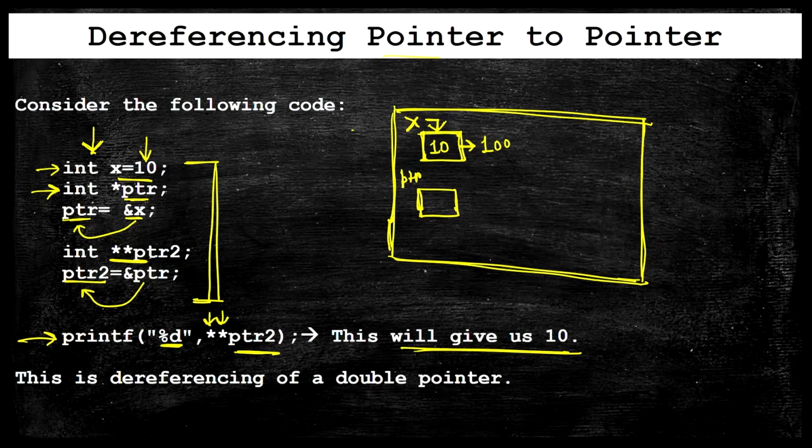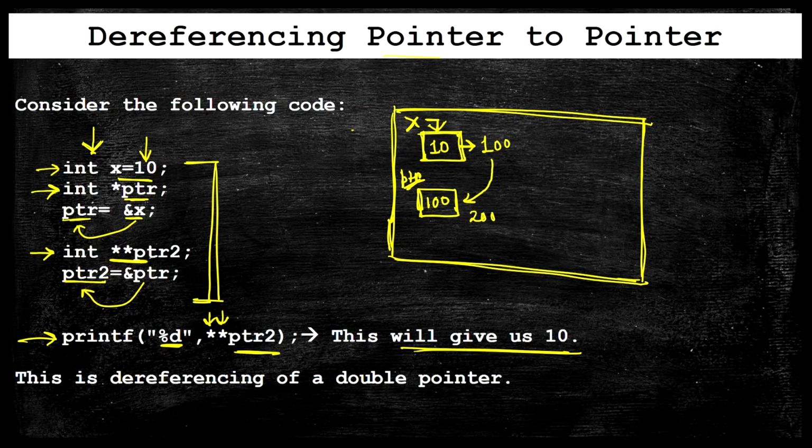So x's address it will store as a value. What is x's address? That is 100, which will come in this block. Now this pointer also has an address. Let it be 200. This pointer will also have an address in the memory, because it is of int type, it will take a space. Right. Now see the next line.